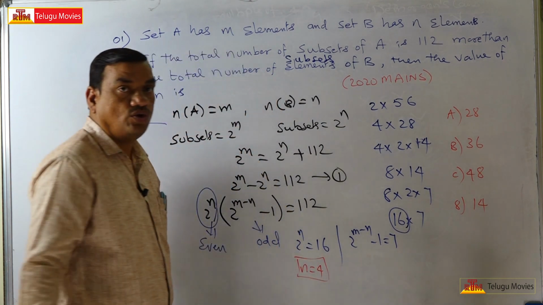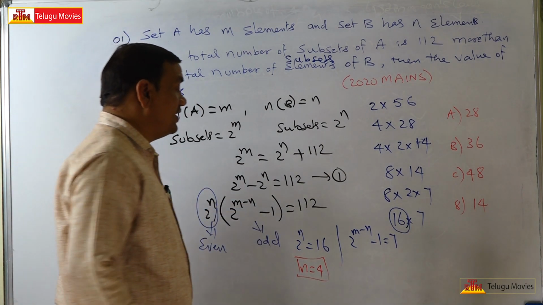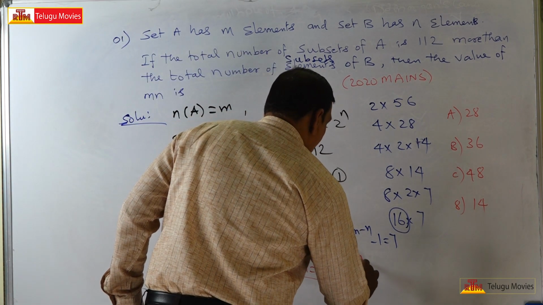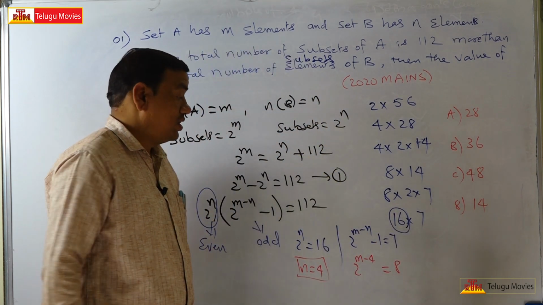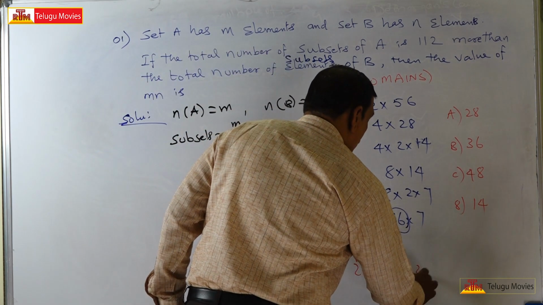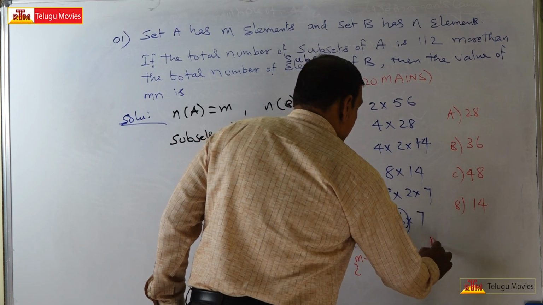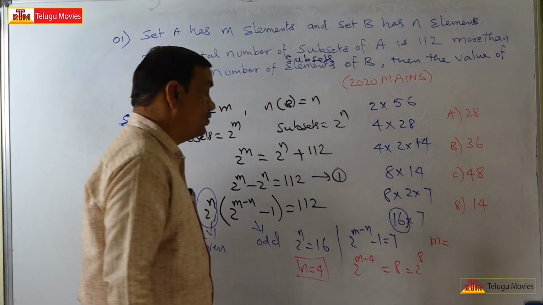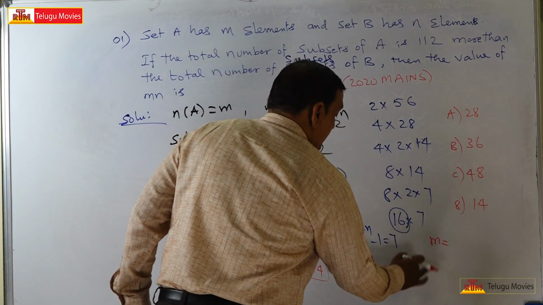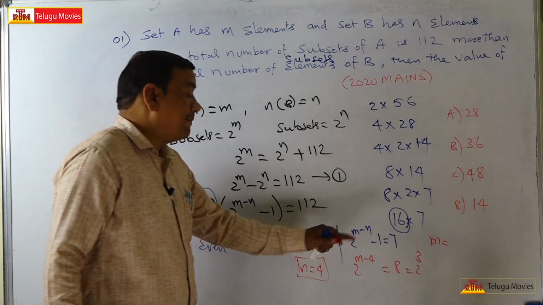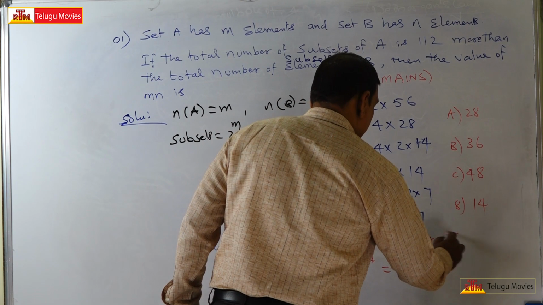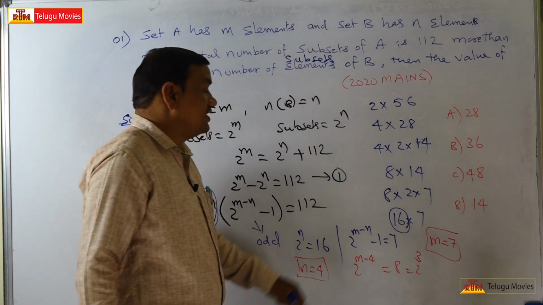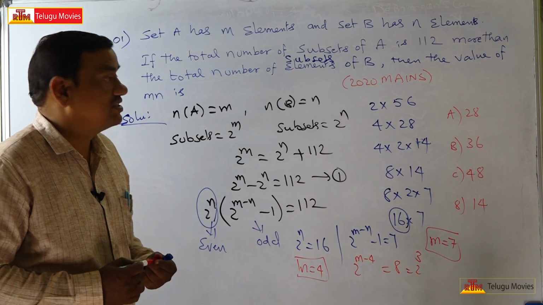Now coming to the m value, 2 power m minus 4 is equal to 8, this is 2 cube. So m minus 4 is equal to 3, therefore m is equal to 7. So n is equal to 4, m is equal to 7.